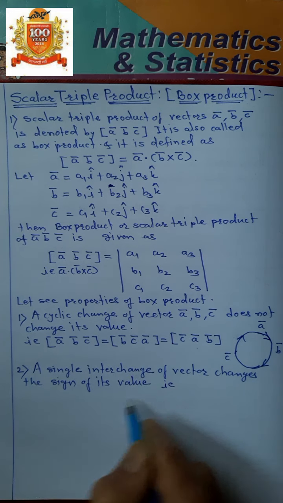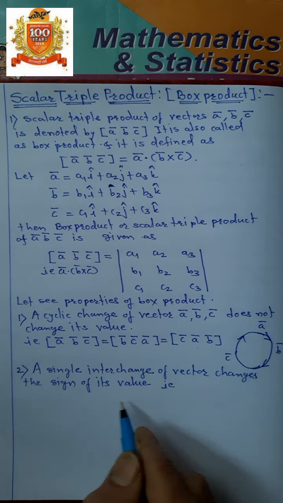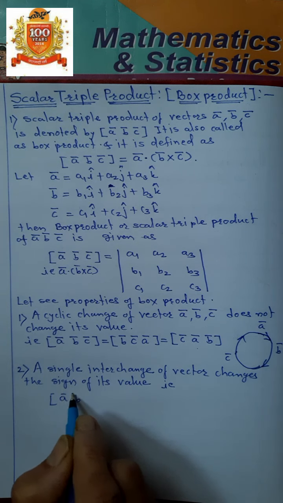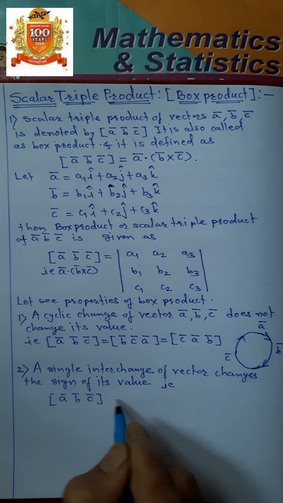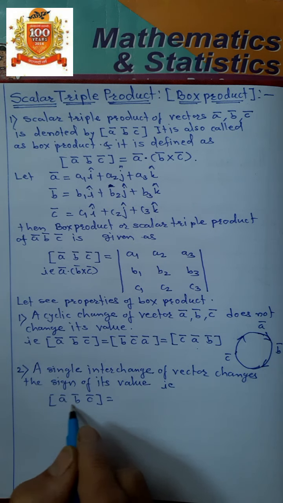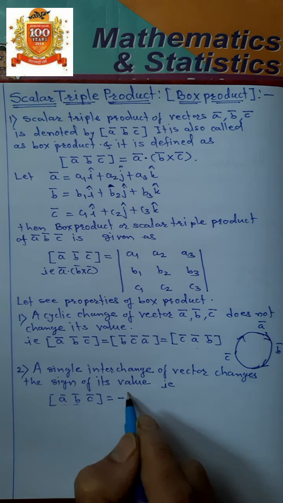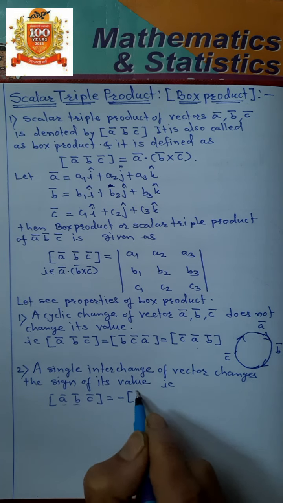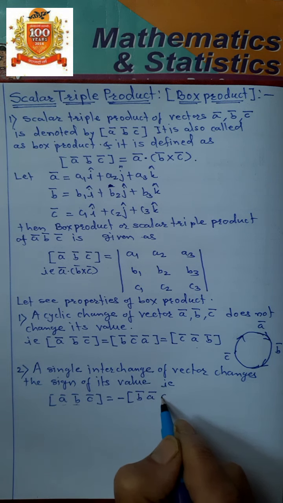That is, box product of A bar, B bar, C bar, if we interchange these two vectors, then the sign will change. This is positive, this is negative. We can write B bar, A bar, C bar.